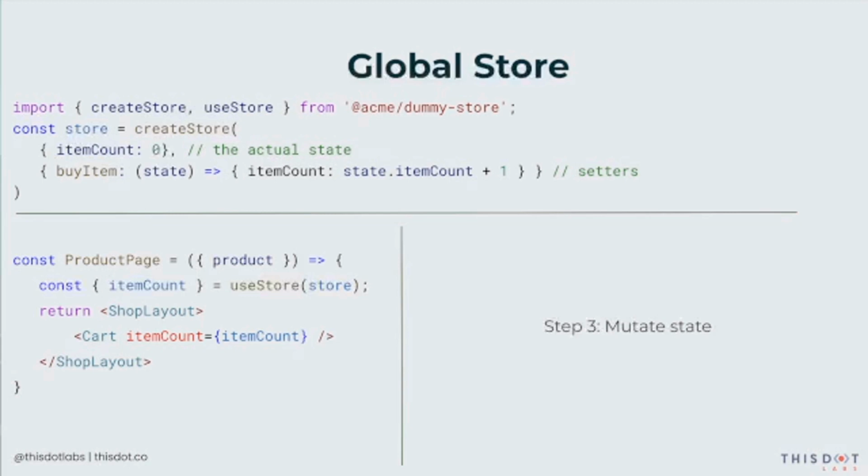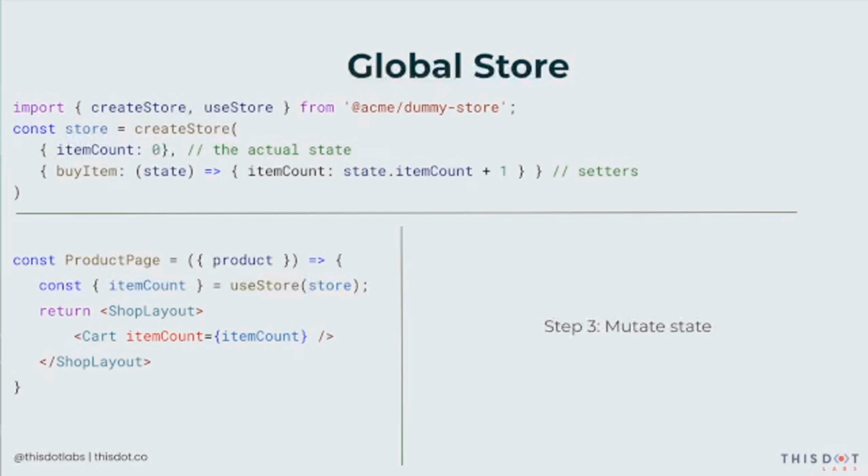So for the cart, we're just going to get the item count, and we're going to pass that on to our cart component over here. So it doesn't matter where in the application we're doing this. As long as we're using the hook, we can get access to that store and pull the item count and put it into our components.